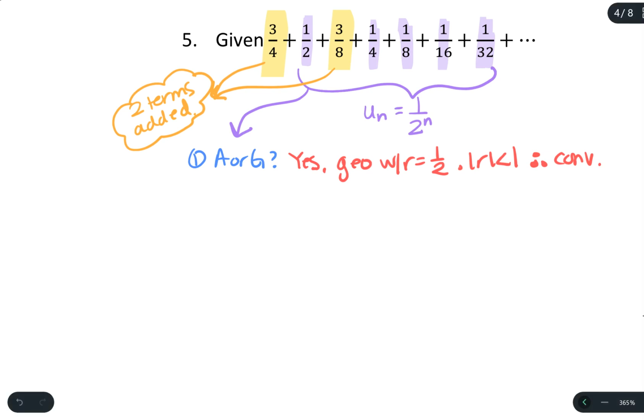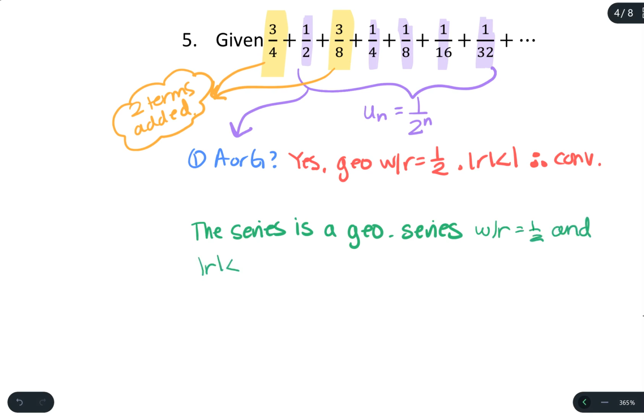So we can write out that conclusion. We can say that the series is a geometric series with r value equal to 1/2, and state that the absolute value of r is less than 1, with 2 added terms.